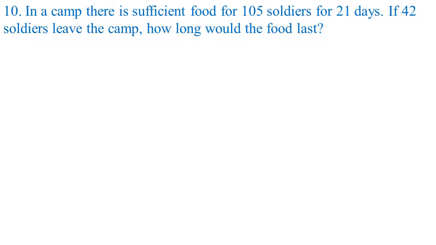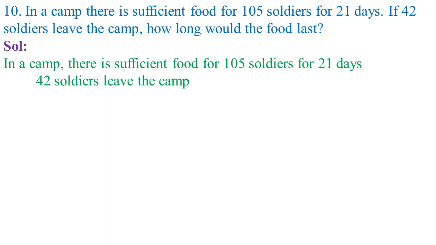In a camp, there is sufficient food for 105 soldiers for 21 days. If 42 soldiers leave the camp, how long would the food last? Solution: 42 soldiers leave the camp.